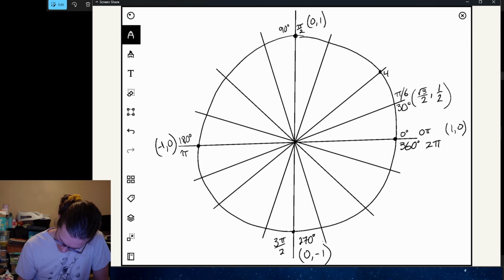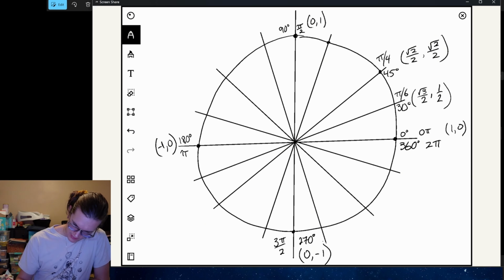You have your 45-degree mark, which is pi over 4, root 2 over 2, root 2 over 2. 60 degrees, which is pi over 3, is 1/2, root 3 over 2.